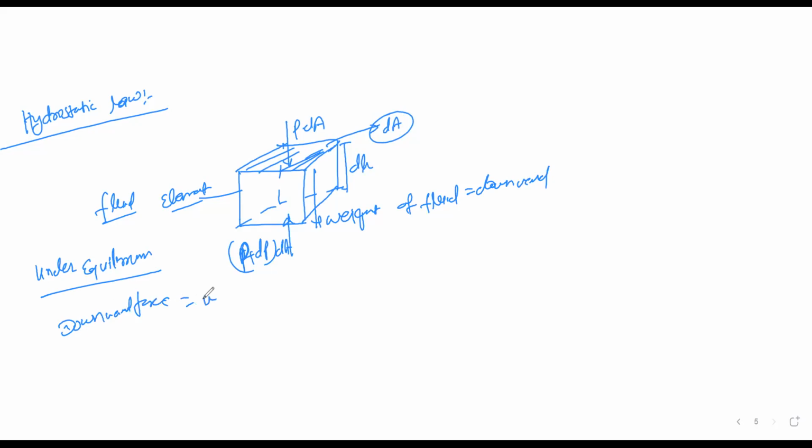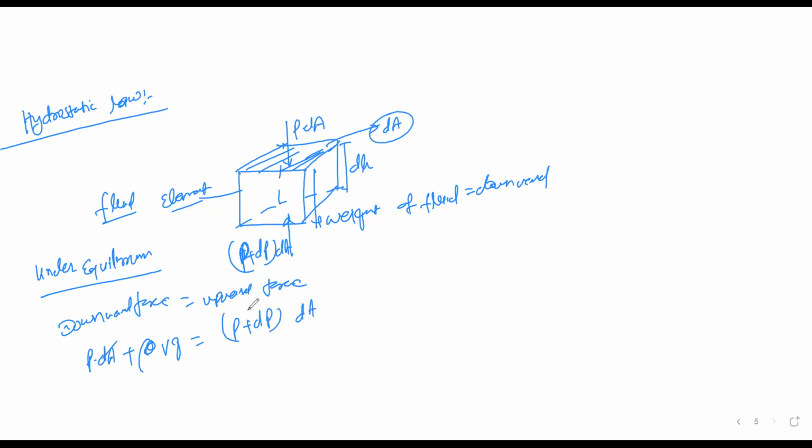The downward force is P dA plus the weight of the element, which is rho V g. And the upward force is P plus dP into dA.